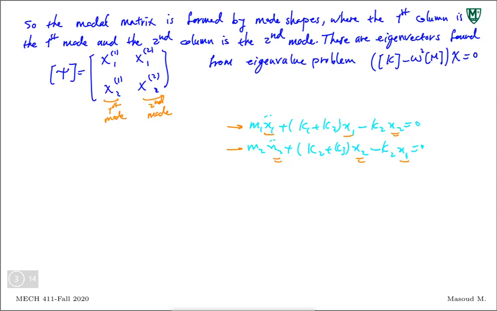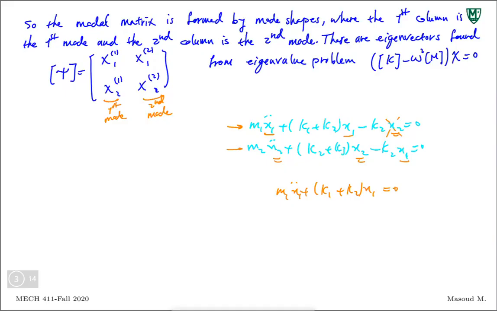So what is the problem? The problem is they're not separated. If I had something like m1 x1 double dot plus k1 plus k2 times x1 is equal to 0, but I didn't have any component of x2 there, then this would have been a single degree of freedom system. We studied this mass spring damper. This is basically just m x double dot plus k x equal to 0. We know how to solve this, very straightforward.